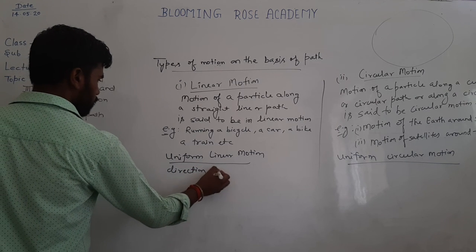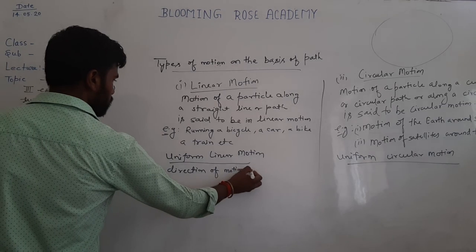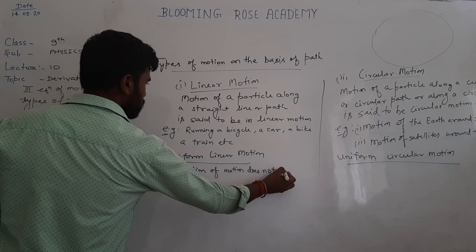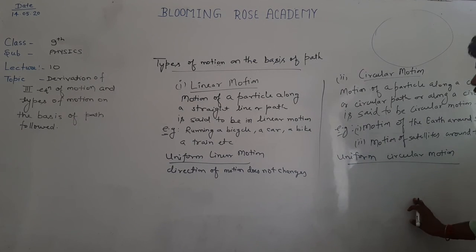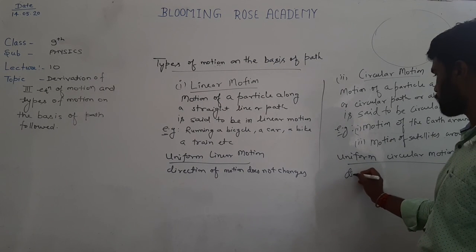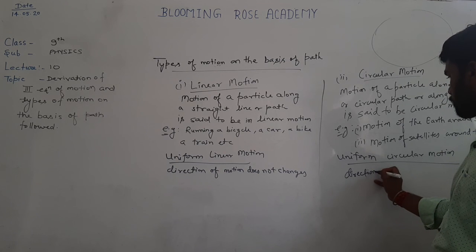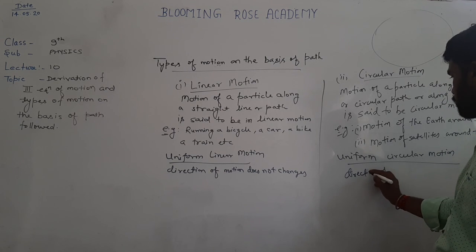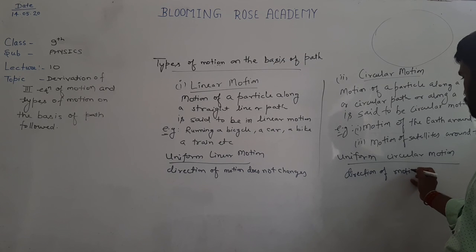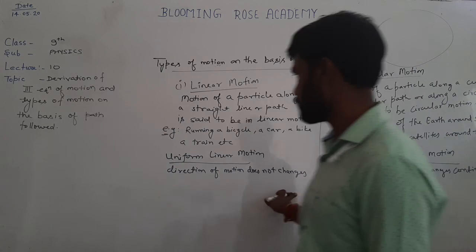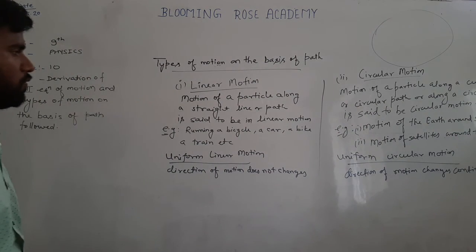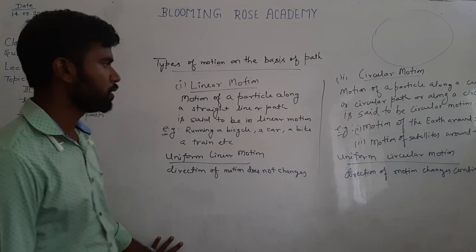But in uniform circular motion, the direction of motion changes continuously. This is the main difference between uniform linear motion and uniform circular motion.